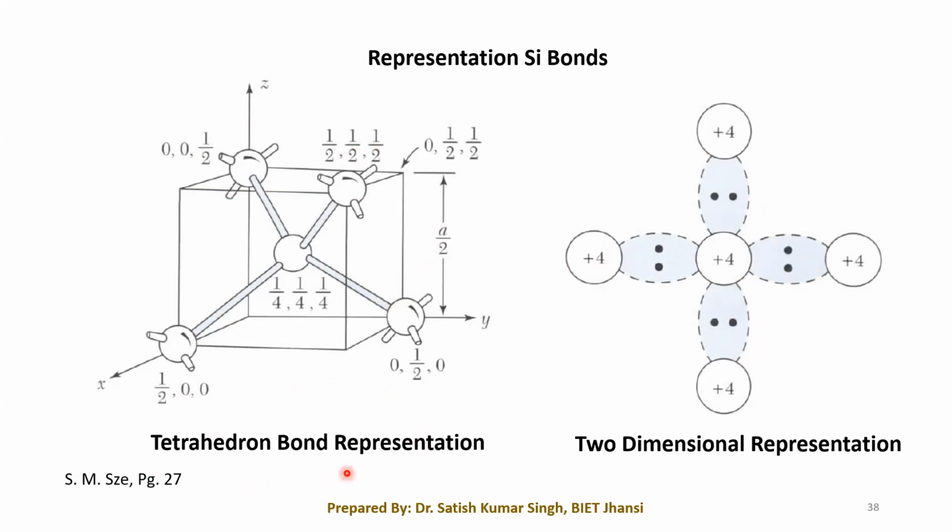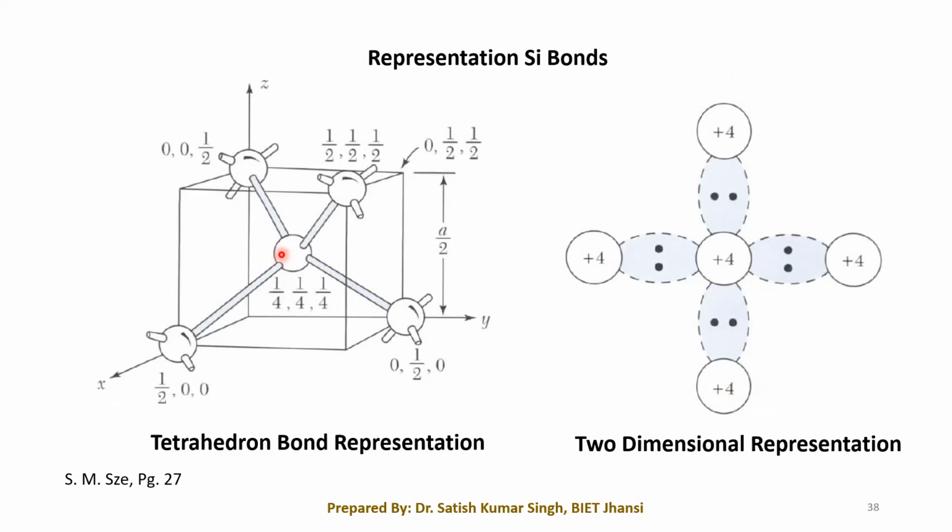Generally this representation is not easy to show, because when we talk about how the silicon crystal looks, and then add dopants, how the dopants replace one of the silicon atoms and form bonds can be easily shown by the two-dimensional representation, but it cannot be easily shown by the tetrahedron. But you can see these atoms are located in this way.